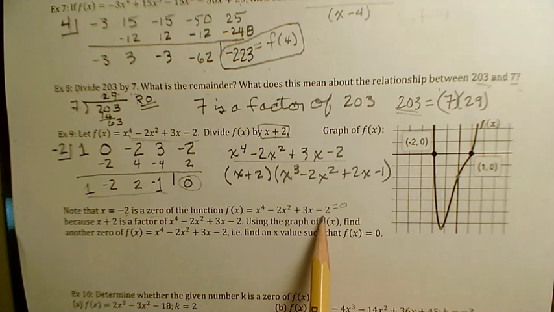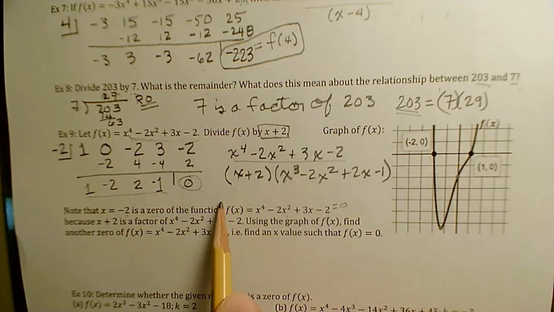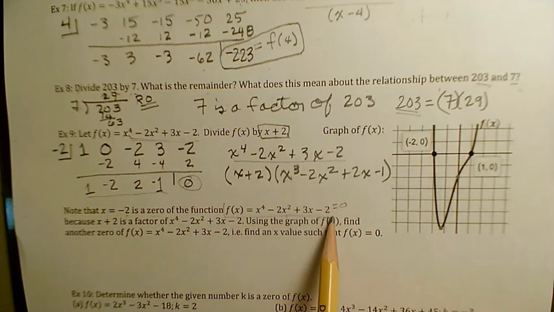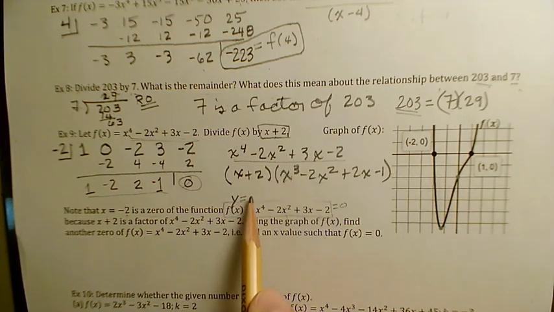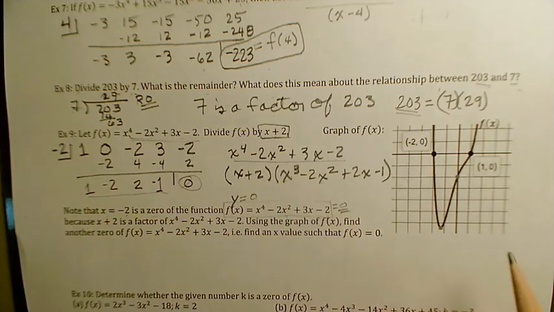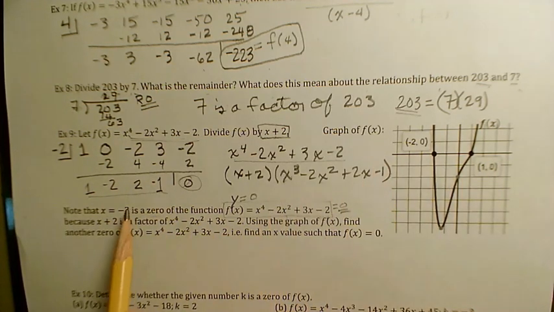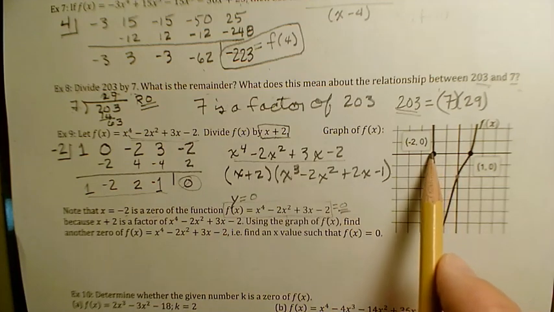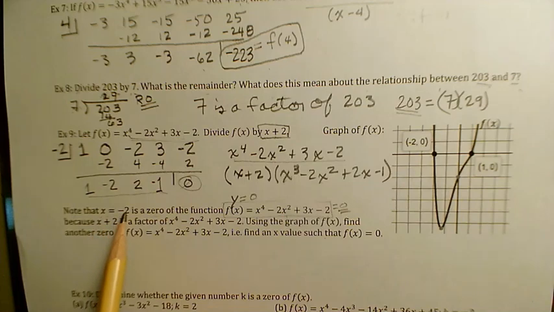So if this is the equation I'm looking to solve, I'm looking for zeros, and those zeros are where this function is equal to 0. Remember, f of x is like y, so where is y equal to 0? y is equal to 0 on the x-axis. So I know from the graph that one of my solutions is x equals -2.